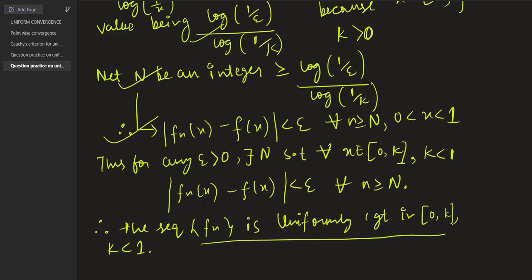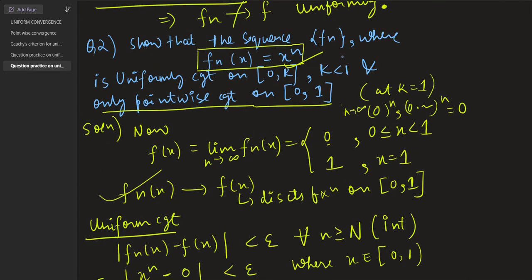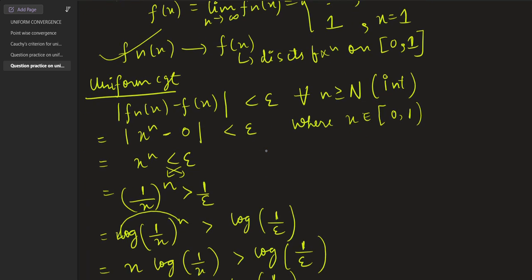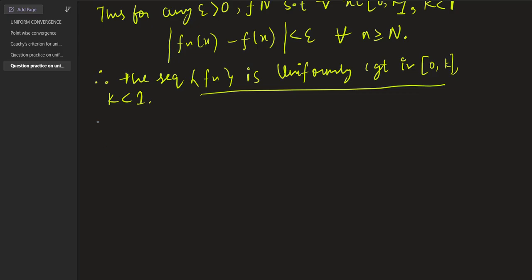Fine. Now moving to the next question. But we just forgot one thing: what they asked is that it is uniformly convergent on [0, k] where k is less than 1. We just showed it for k less than 1, but we did not prove why k can't be equal to 1. So if you take k equals 1, then what is your maximum value?